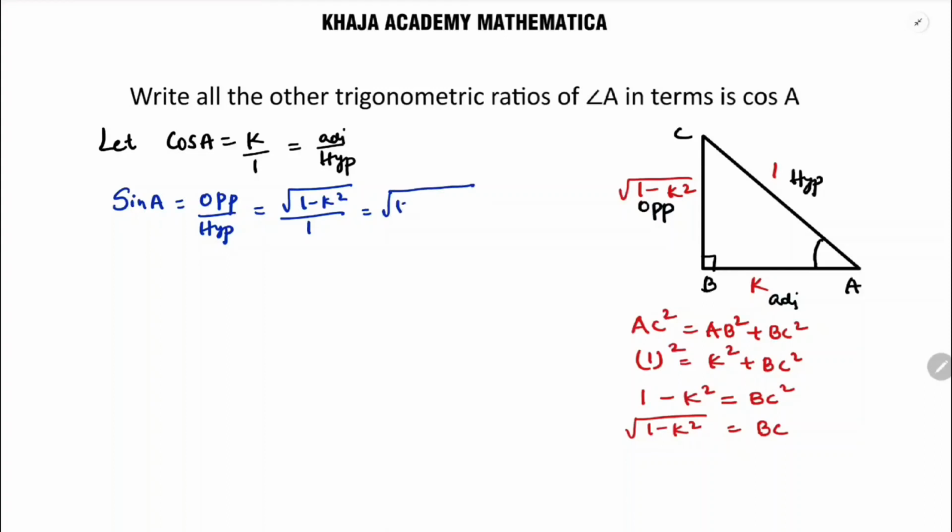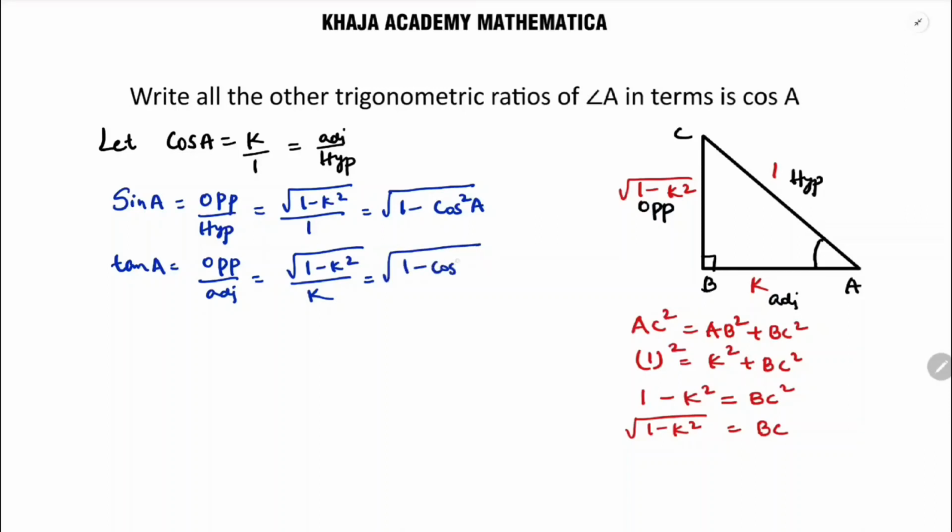But wherever K is there I need to write cos A. So under root 1 minus K square, K is cos, so under root 1 minus cos square A. Next, cos already we have, so I'll write tan. Tan A is opposite by adjacent. Opposite is under root 1 minus K square, by adjacent is K. So wherever it is K, there I need to write cos. Under root 1 minus cos square A by cos A.